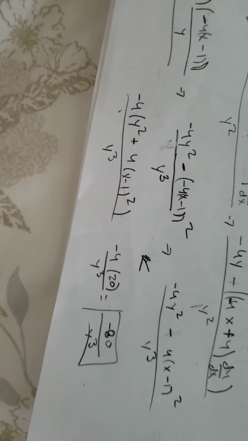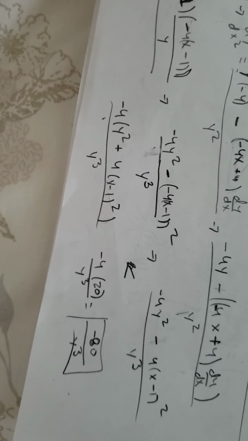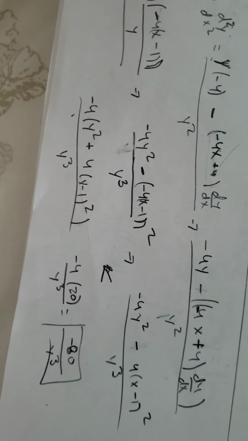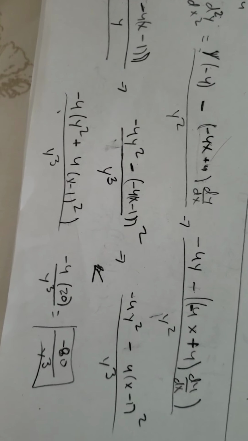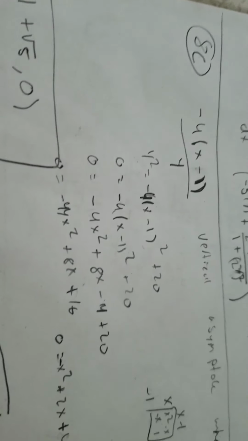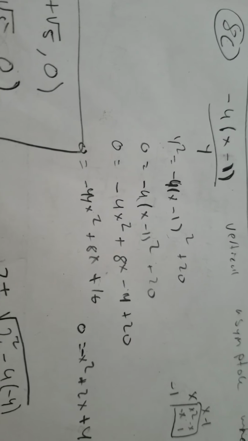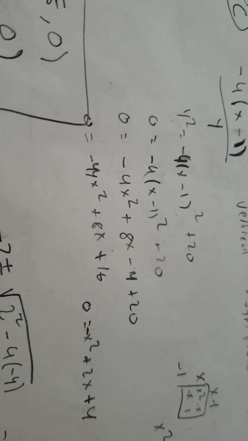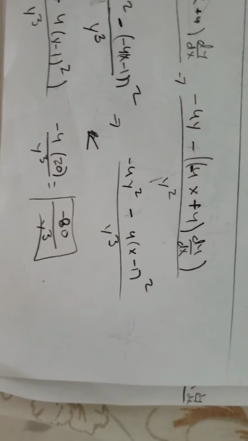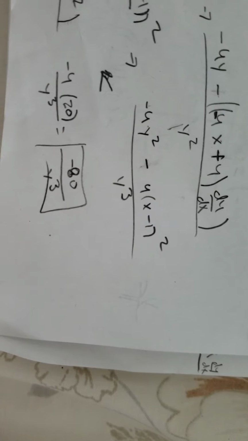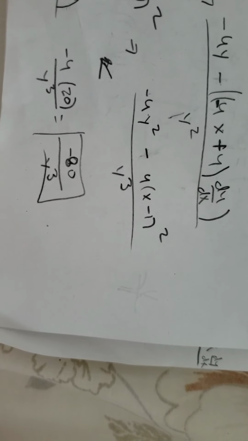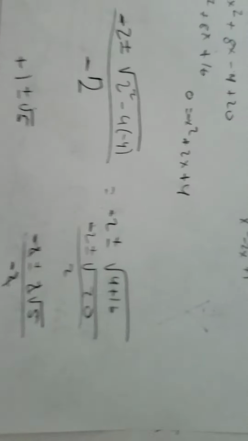And then I pulled out the negative 4. I got negative 4 times y squared plus 4 times x minus 1 squared over y cubed. And then earlier, up here, we saw that y squared plus 4 times x minus 1 squared equals 20. So I plugged in a 20 there. And negative 4 times 20 over y cubed equals negative 80 over y cubed.